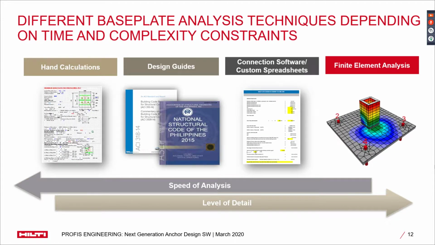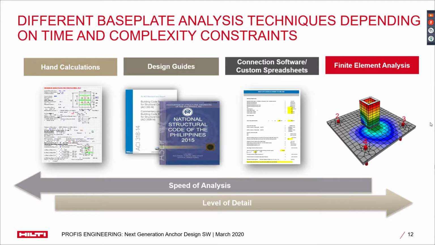So the first pain point of a designer is that there are different approaches that can be used to do base plate and connection design. From past experiences, we found that these different approaches range in both level of detail and complexity in terms of base plate design.